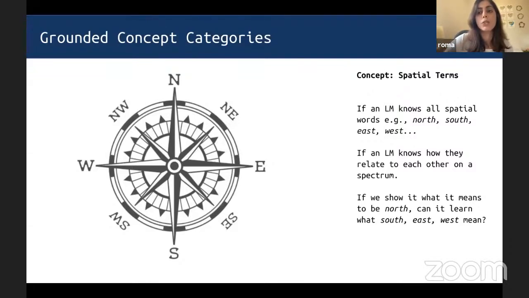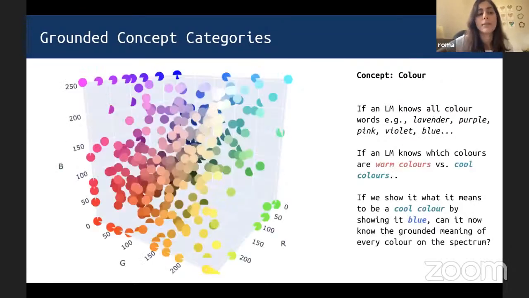For example, a new array that has positions on the left versus right. Can models do this? And then in the zero-shot setting, which is far more interesting, what we want to see is if we only ever teach the model one concept or some concepts, for example just left, can it then use that and learn what it means to be right, given that it knew the word form relation between the words left and right? And I'll explain this in a lot of detail with examples of the different generalization cases in a few minutes.